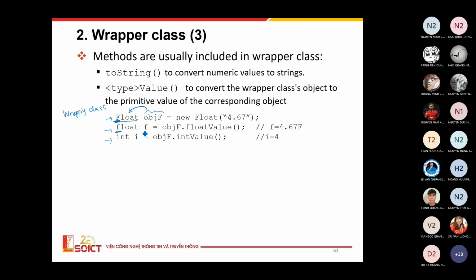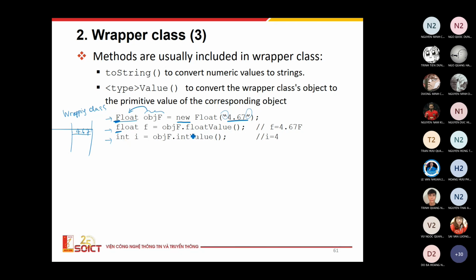This is a wrapping class, and it will create a new region in the heap and store the value 4.767. Even though you write it down like this, the constructor will push the number value into the heap memory.